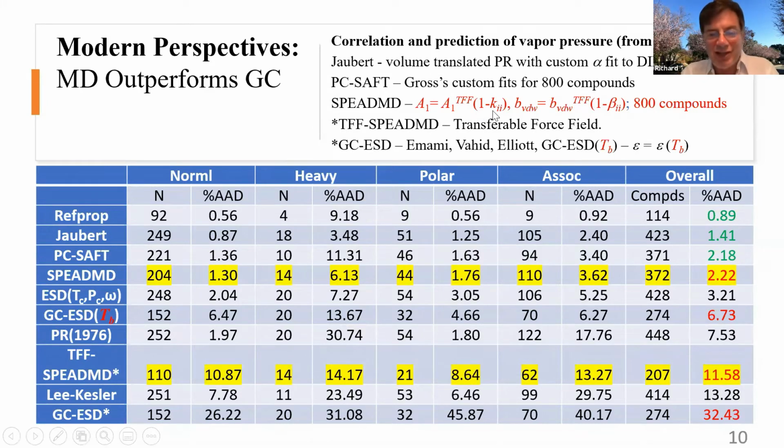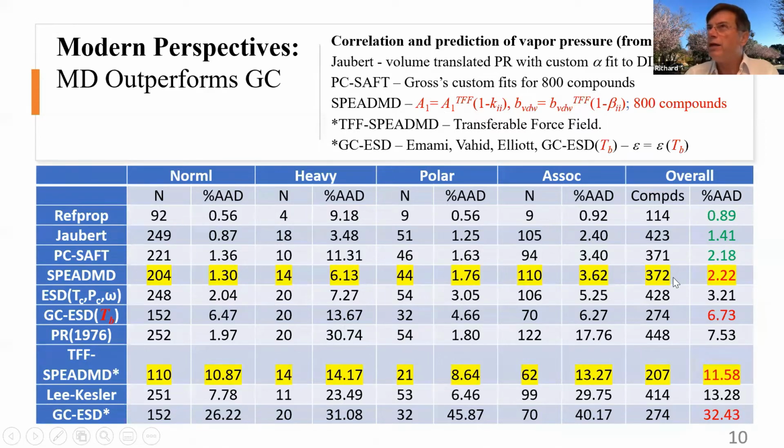And this is the correction for that non-transferability. And if we just correct the A1 term with 1 parameter for that attraction term, and we correct the van der Waals volume term from the transferable force field with 1 parameter, then we get this SpeedMD method.